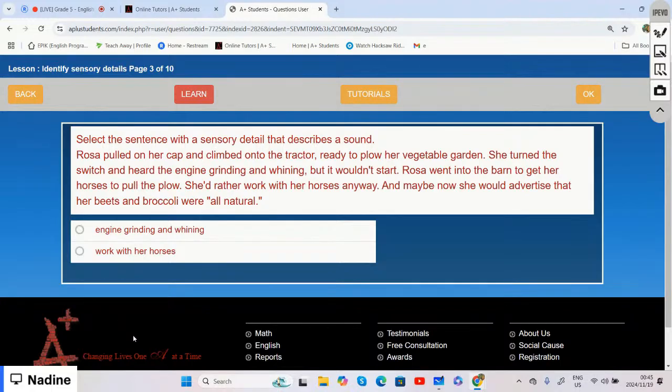And if we were to select our correct option, yes, we'll go with option one. We heard the engine grinding and whining.